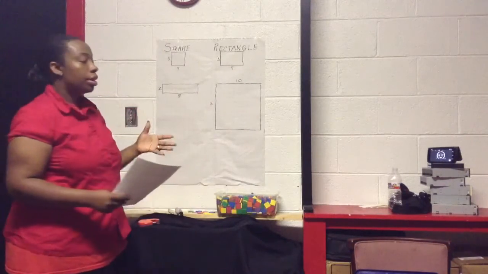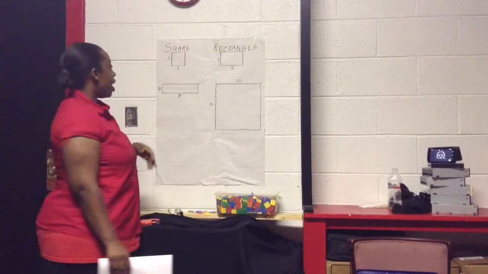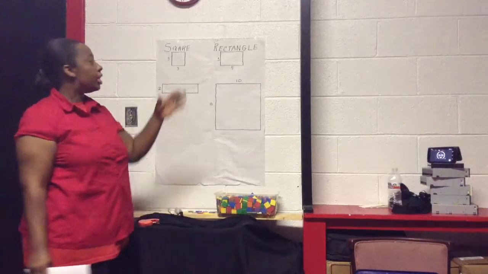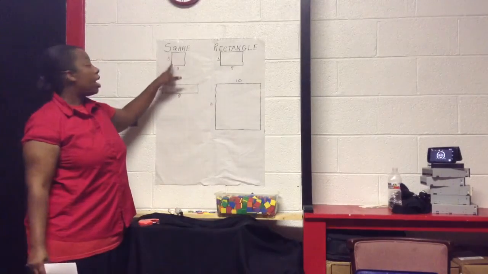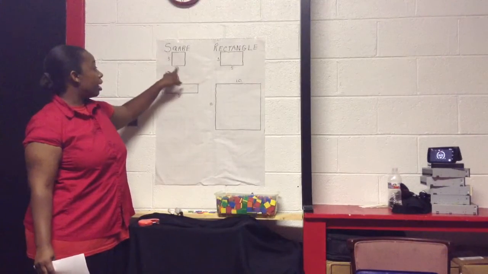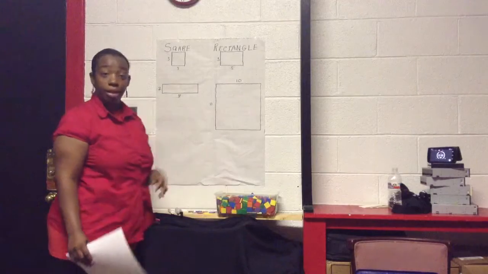Another thing with the square and the rectangle is that instead of saying sides, we're going to say that they have a length and a width. Okay? So a square has a length and a width, and a rectangle has a length and a width.